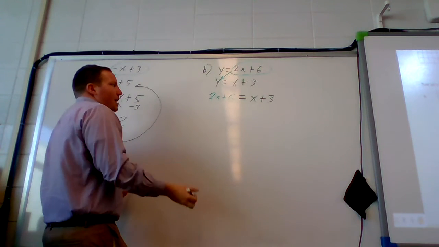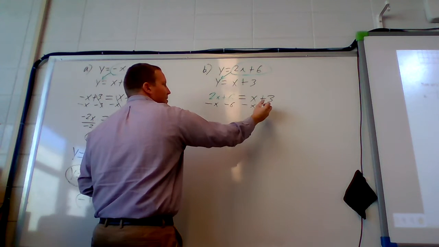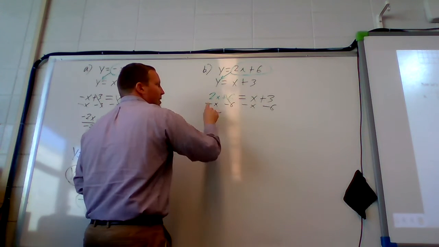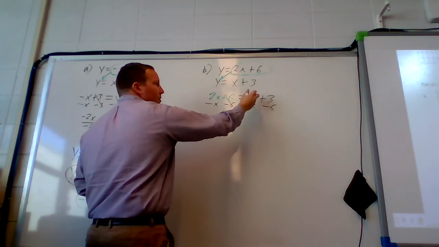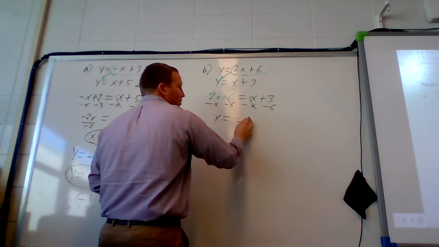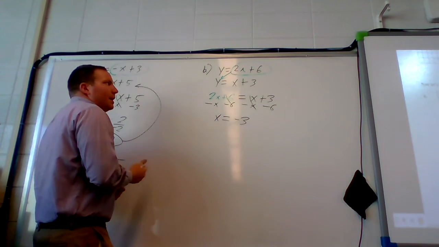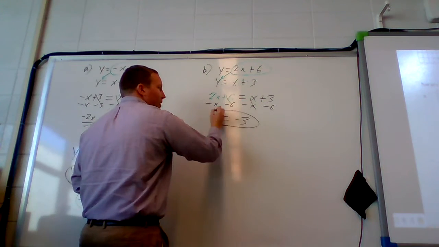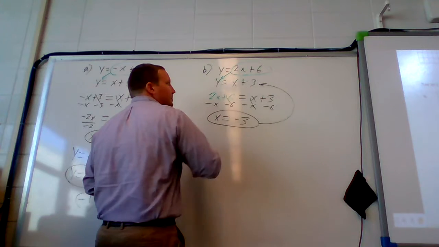Then I want to solve for x. So I'm going to subtract x over. I'm going to subtract my 6 over. So the 6's cancel out. 2x minus x leaves me with x. And I have 3 minus 6 equals negative 3. Again, once I have that, I can plug it back into either equation. This bottom one's easier, right?